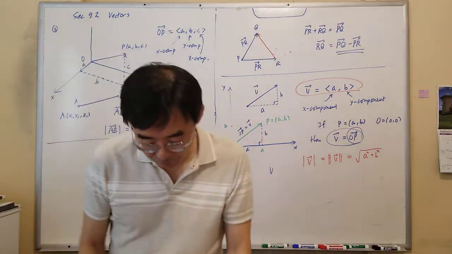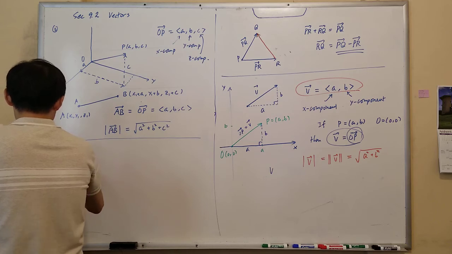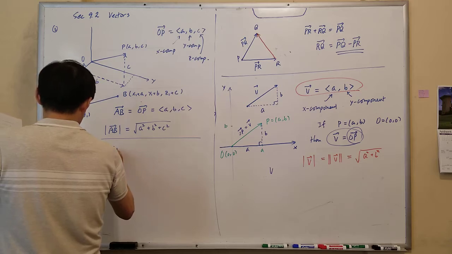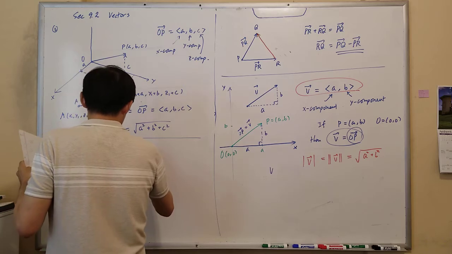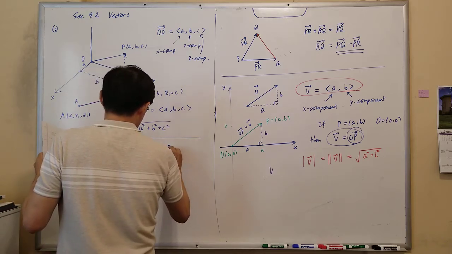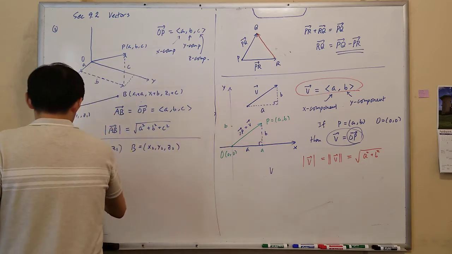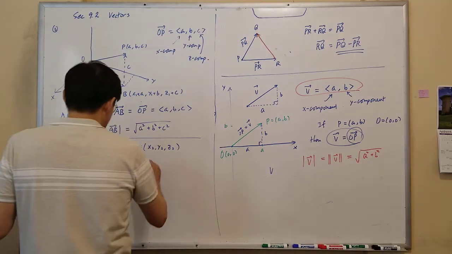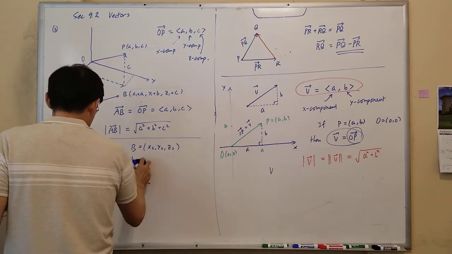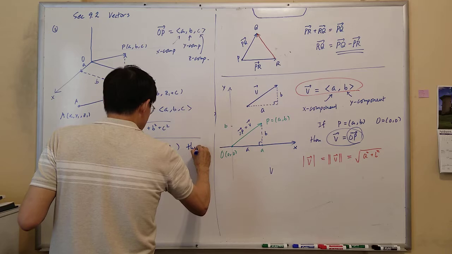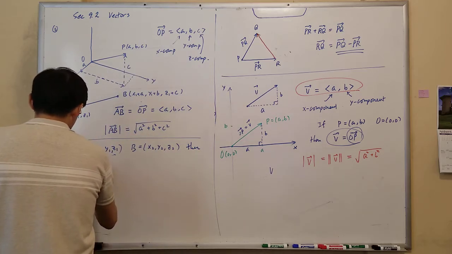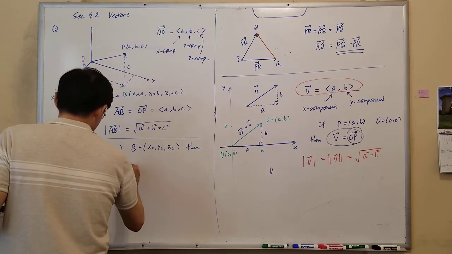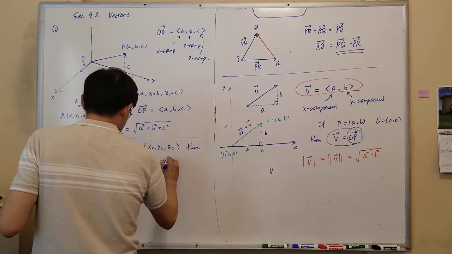So if you are given two points, if point A is x1, y1, z1, and point B is x2, y2, z2, and if vector v equals the displacement vector from A to B, then v will be just the terminal point components: x2 minus x1, y2 minus y1, z2 minus z1. Okay?